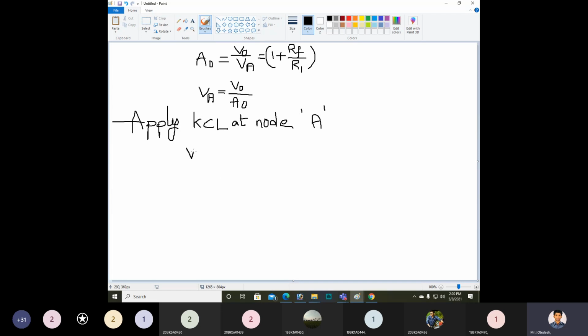VA is equal to R by R plus 1 by SC, into Vi.